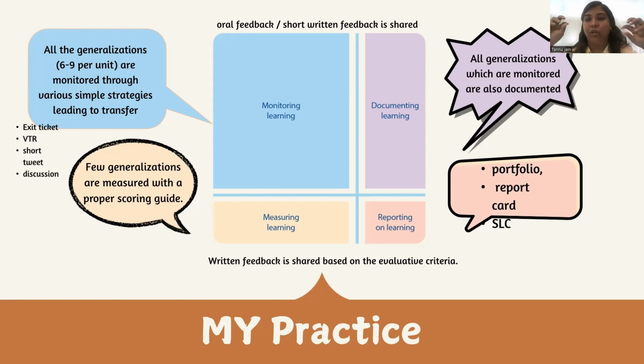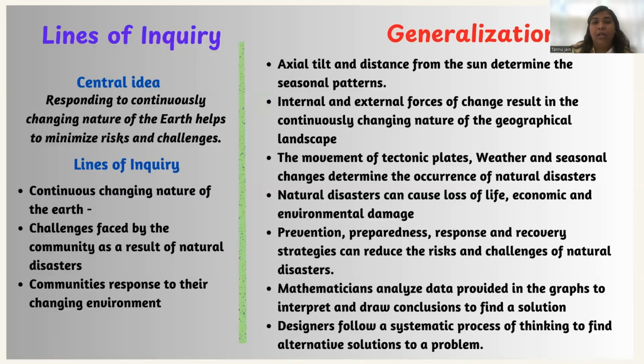I give them a conceptual question, like an exit ticket, for me to monitor. If the answer is almost near to my generalization, that means understanding is there. So that becomes easy for me to monitor. Certain things I measure, and transfer is also easier to do.